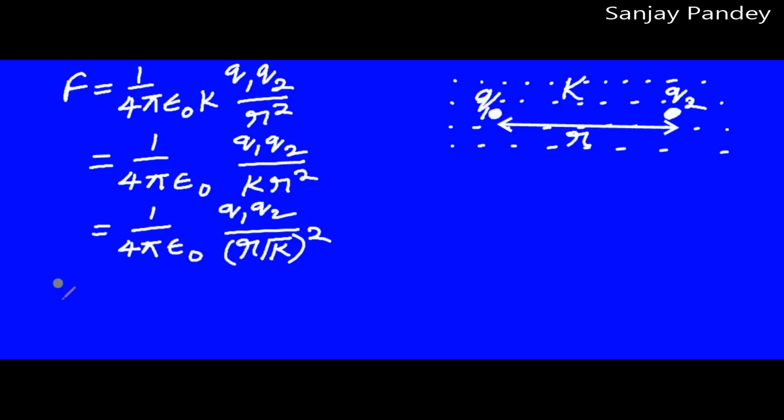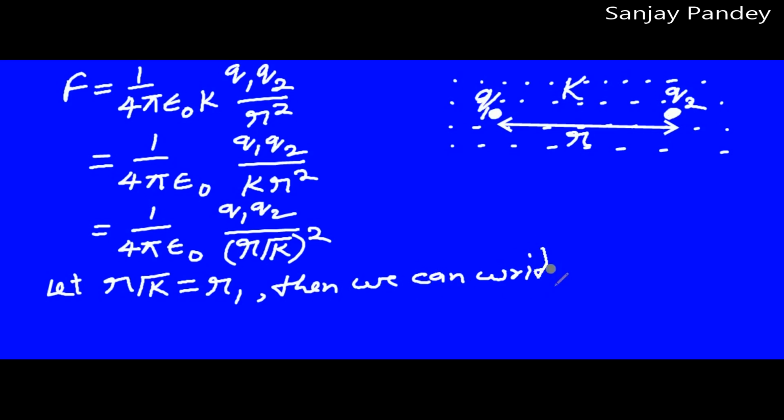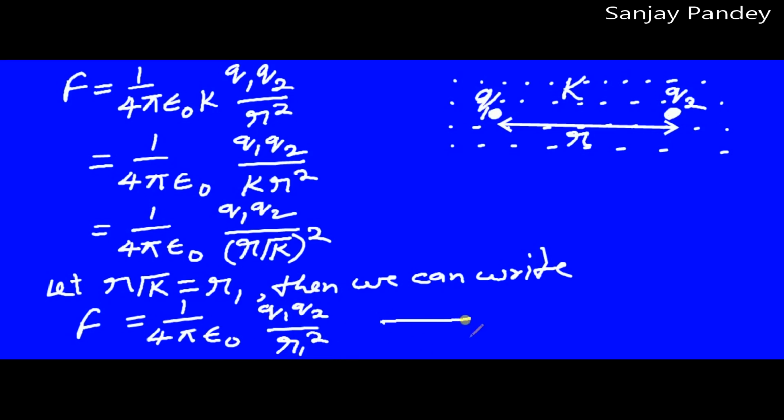If we assume let r under root k is equal to r1, then we can write F is equal to 1 upon 4 pi epsilon naught q1 q2 upon r1 square. Suppose it is your equation 5.